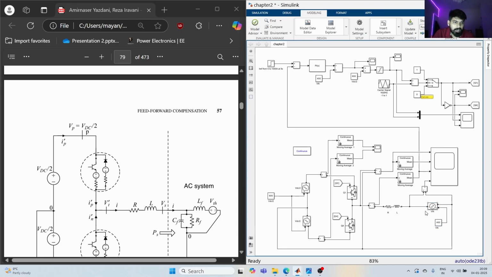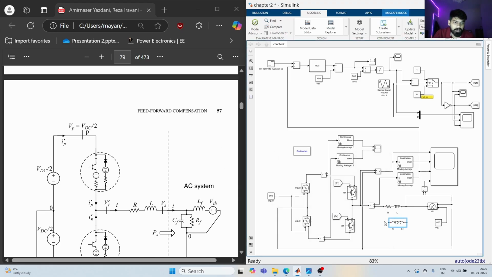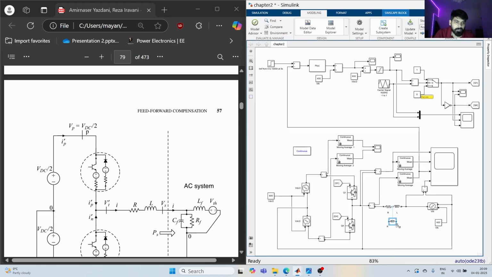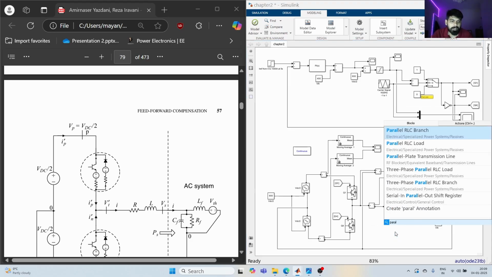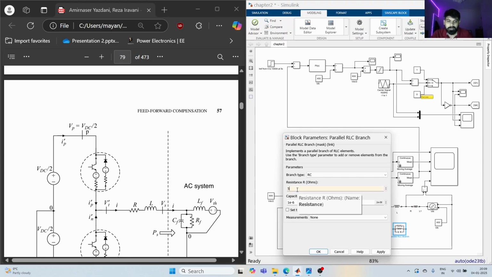Then we have an inductor in series with the source, so we paste this. L, this is 250. And parallel to that we have a parallel RC branch, so we'll take a parallel RLC branch and convert it to this. We have R as 50 and capacitance is 2500 microfarad.